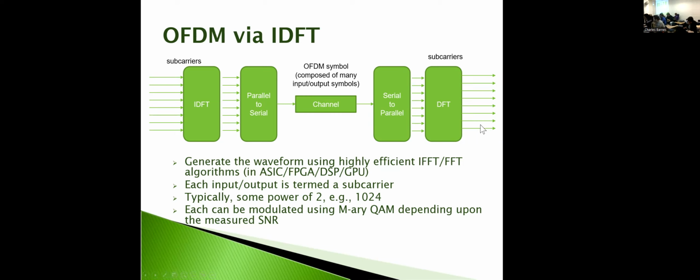If there's greater distance between the symbols, we have better noise immunity. So this way, we fill up all of these different carriers with the best bandwidth efficient modulation scheme that we can at these different channels.